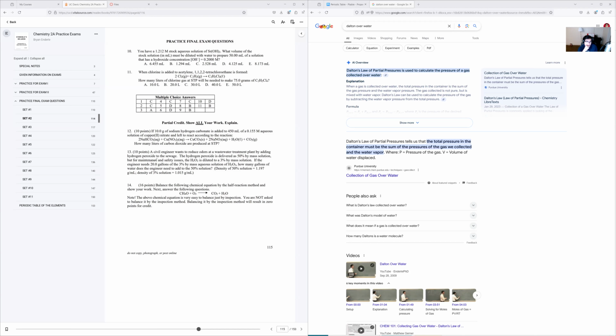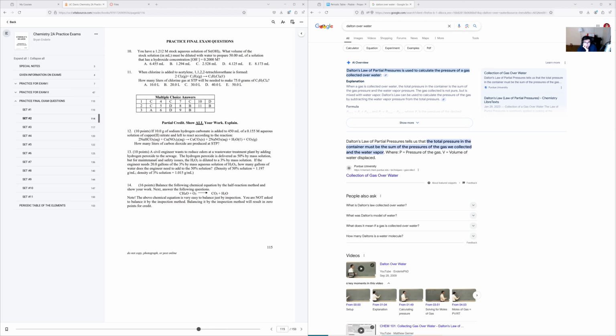Oh, and they have different densities. Got it. Does that even matter? Let me think. So the first question is, it's a dilution problem. So the first question that I would ask is, can you use M1V1 equals M2V2? I would think so.